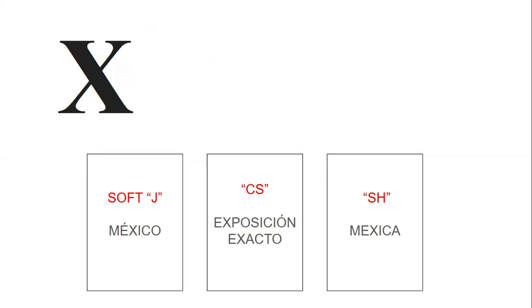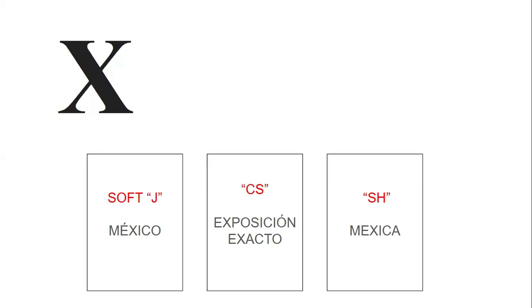Okay, and letter X has a few different kinds of pronunciation. For example, the first one will be like a soft J. For example, Mexico, it's not as strong as letter J, but it's not that weak either. So, Mexico.